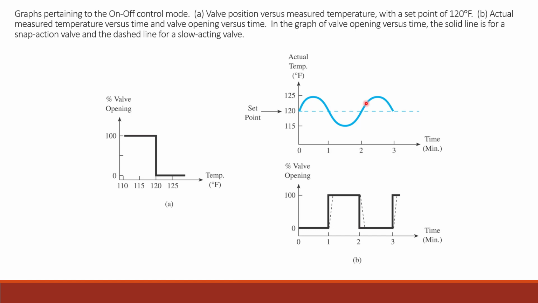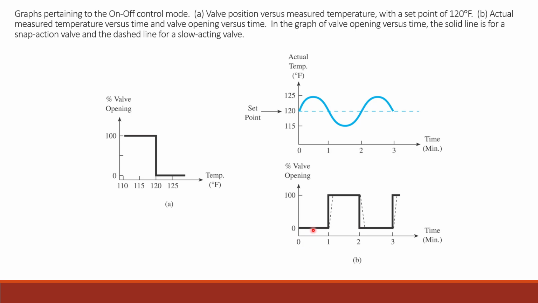You don't want to overkill, because they also get more expensive the more precise they are. So maybe this type of variance in your process is acceptable. So maybe an on-off controller, like your thermostat in your house, is perfectly acceptable. And if it's not, then there are other things that we can do to try to get tighter control.